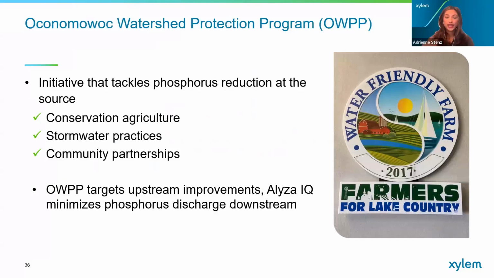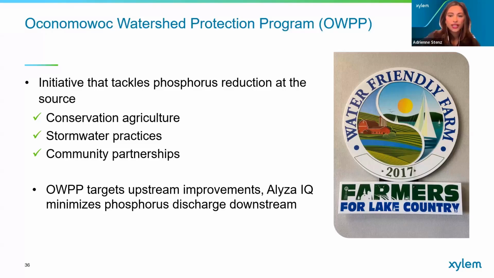One of the most inspiring aspects about Economilloc wastewater treatment facility is that they're not just focused on their plant's discharge, they're thinking holistically about their whole watershed's health. Economilloc is a founding member of the Economilloc Watershed Protection Program, or OWPP. This is a collaborative initiative that's aimed at reducing phosphorus and improving water quality across their entire watershed.